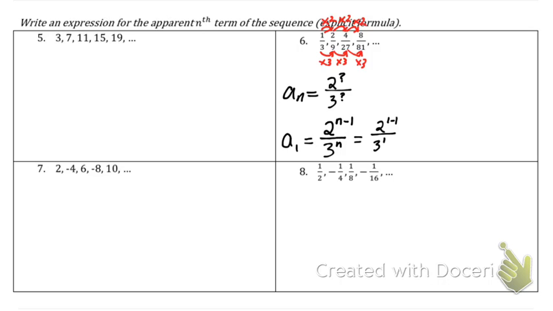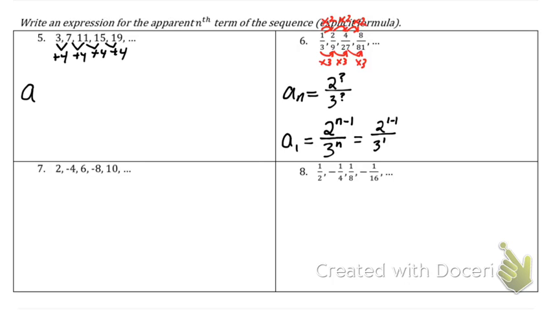Number 5. So if I do adding, it'd be plus 2, but then it'd be plus 4. Nope, scratch that. Plus 4, there we go. Plus 4, plus 4, plus 4. It'd be plus 4 all the way across. Today it's going to be much easier to do this one, but in short, it's a linear equation.